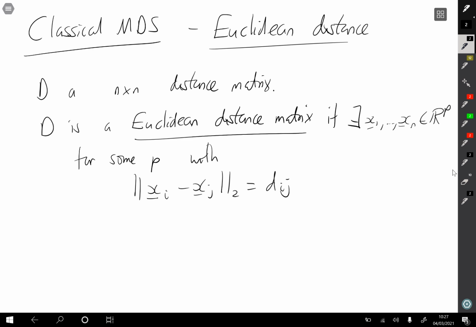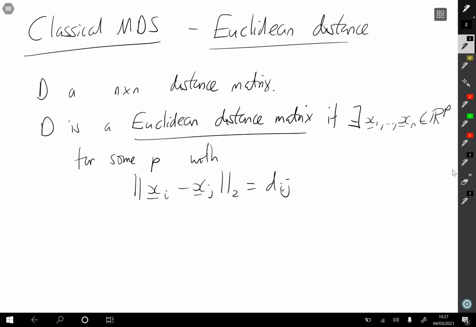So suppose someone comes along with a data matrix D, which is an n by n distance matrix, or dissimilarity matrix. Then we say that D is a Euclidean distance matrix if there exists a set of points x1 to xn in R^p for some dimension p, such that the interpoint distances between them are given by the distance matrix.